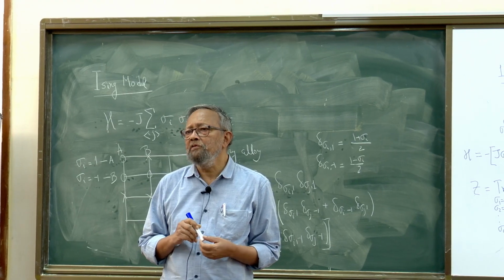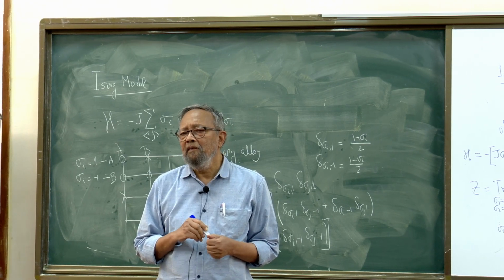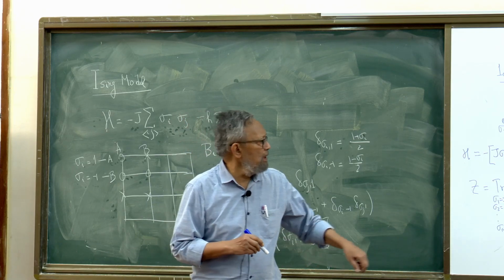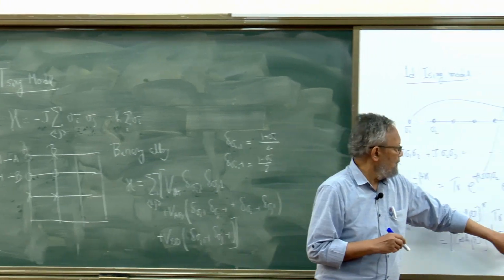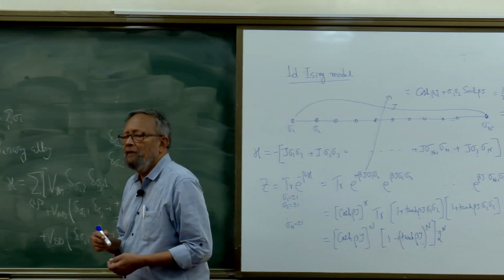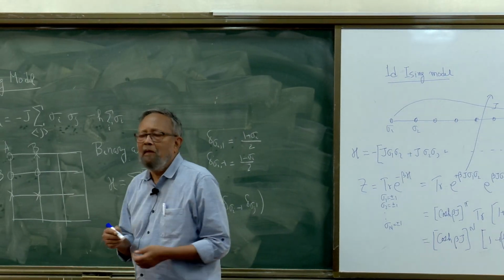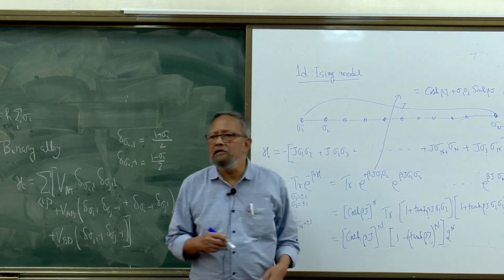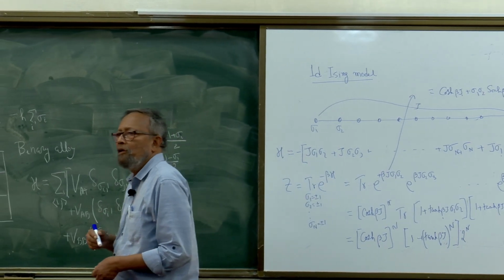When the argument becomes close to infinity, then it goes to 1. So for any finite value of temperature, this quantity is some number, but it has to be less than 1. And when you take a number which is less than 1 and raise it to the power n, and n is large, what do you get?